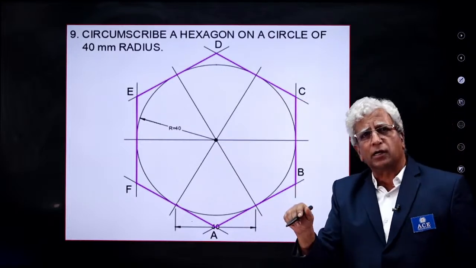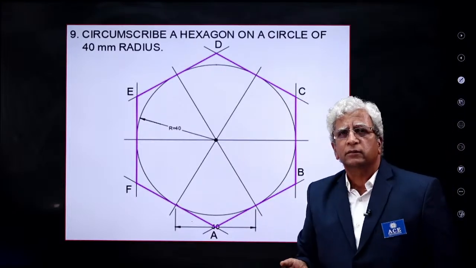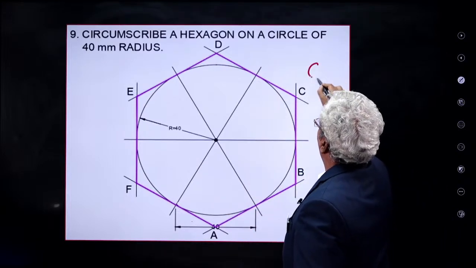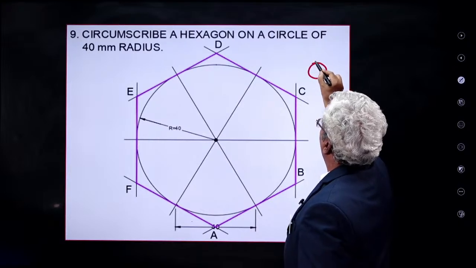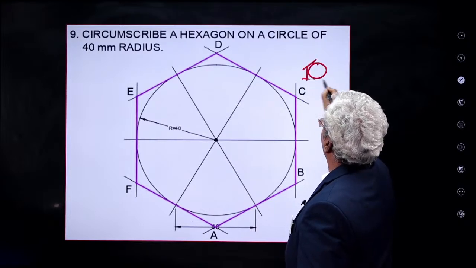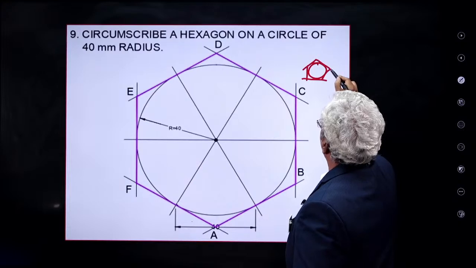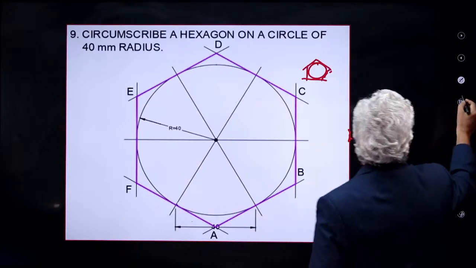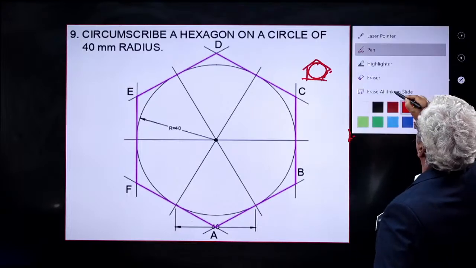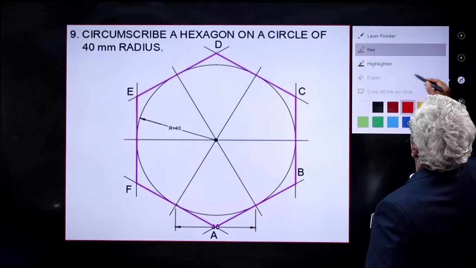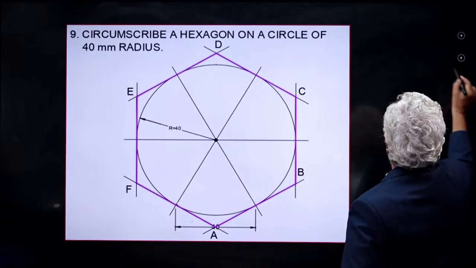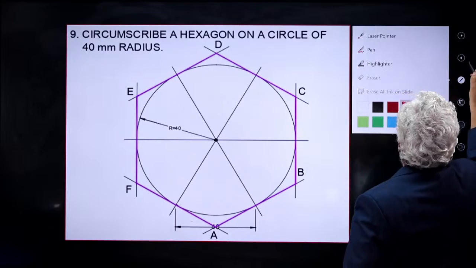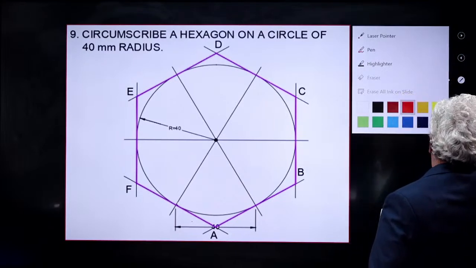So first what you draw, that may be a question. For that you should have an understanding that I have to draw the circle, and on that I have to develop the hexagon like this. Like this.